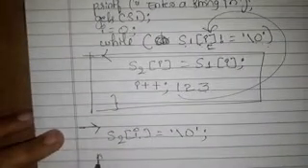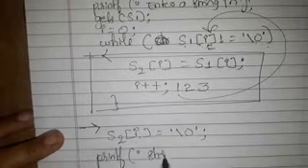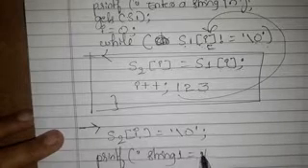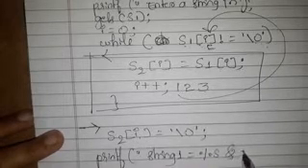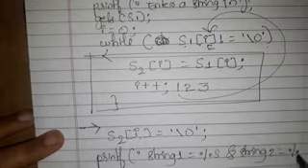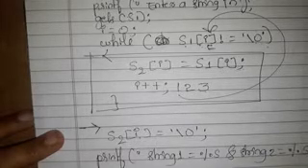Okay, so at the end you printf "string 1 is equal to %s and string 2 is equal to %s", s1 comma s2. Okay, and complete the program. See how simple it is.